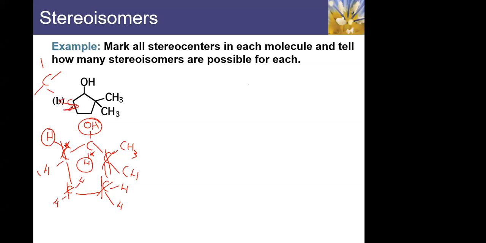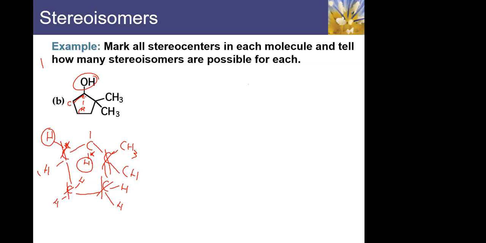If you observe it this way, I said that this is my stereogenic carbon, right? This is OH, this is H over here. If I start moving from here, I get C with H, H and so on.